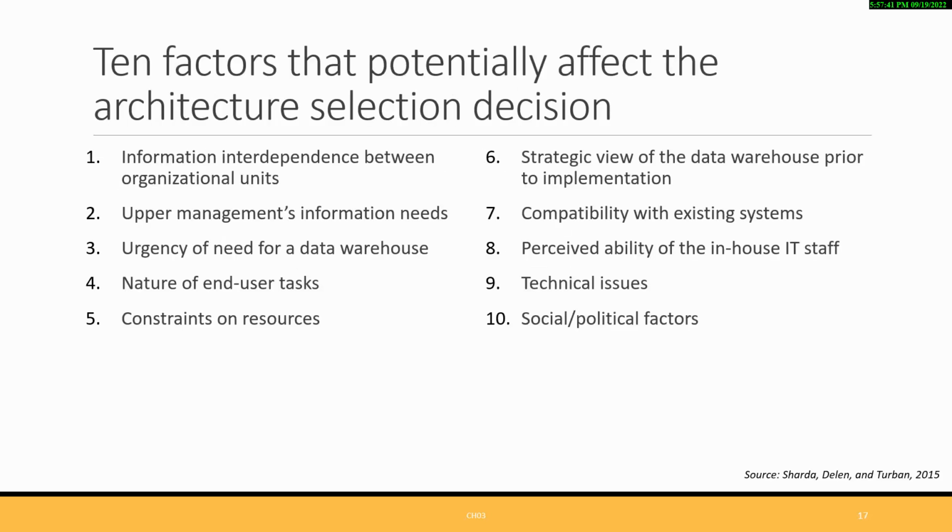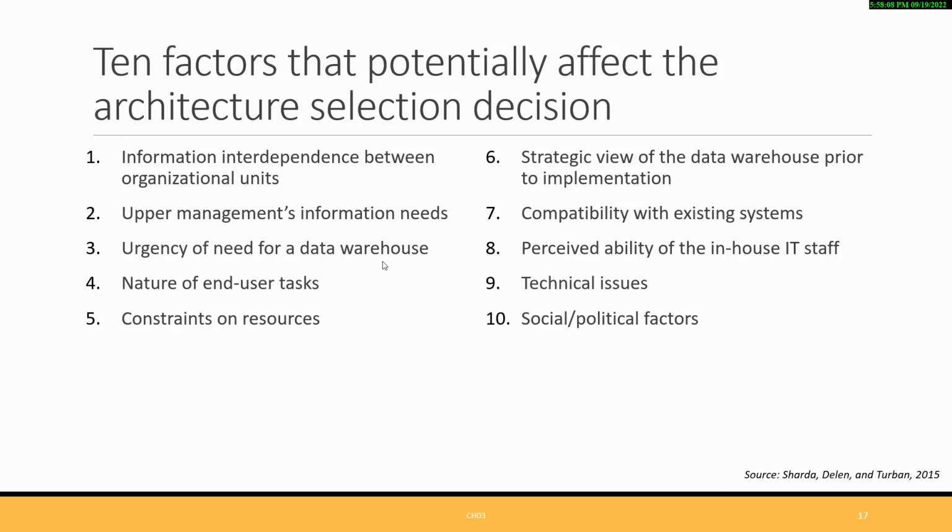Another set of factors that can affect this decision making is information interdependence between organizational units. If a lot of different units within the organization are using the same data or sharing data, then you need something centralized rather than independent data marts. Other factors could be upper management's information needs. What kind of information do you need?